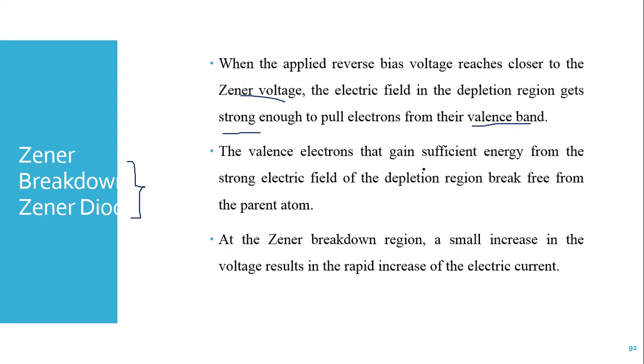So valence electrons get sufficient energy from the strong field, break free and become free electrons. At the Zener breakdown region, a small increase in voltage results in a rapid increase of electric current, but this is due to electric field intensity and not due to heat dissipation, and that's why it is not going to damage your diode.